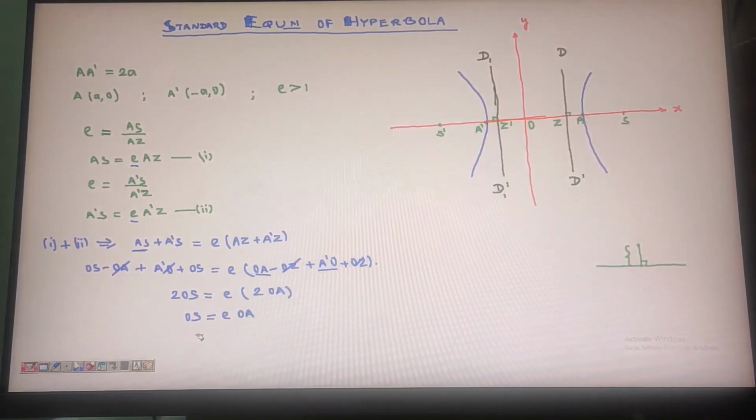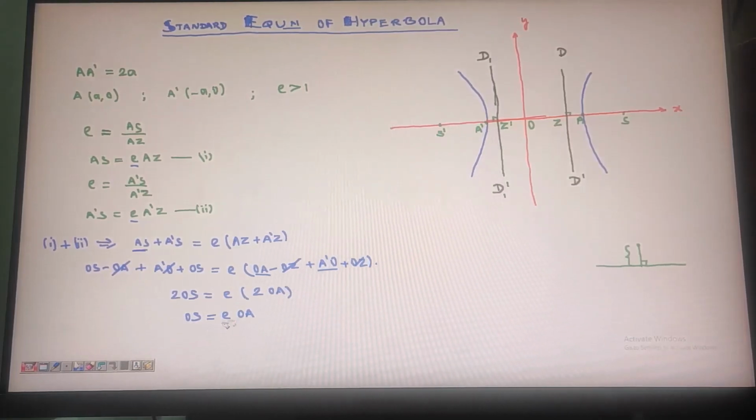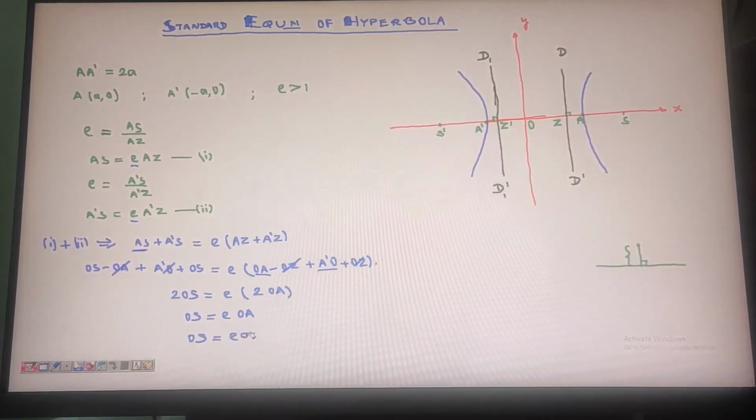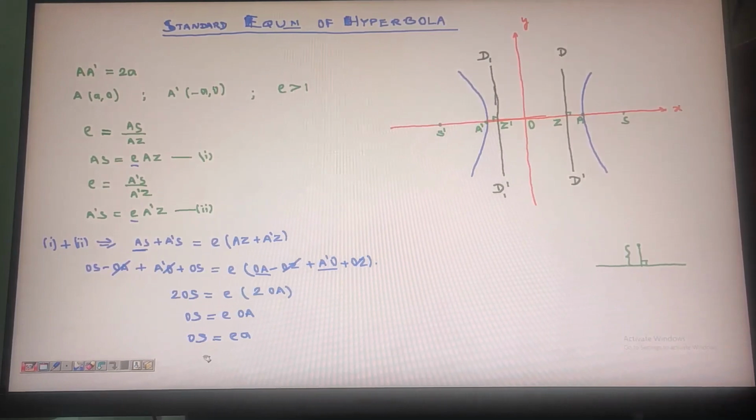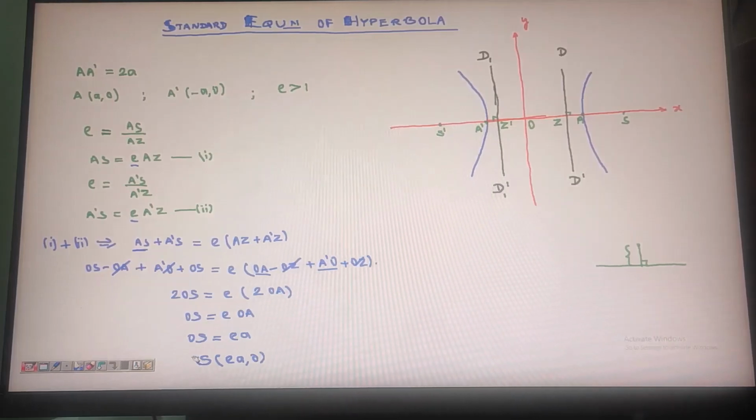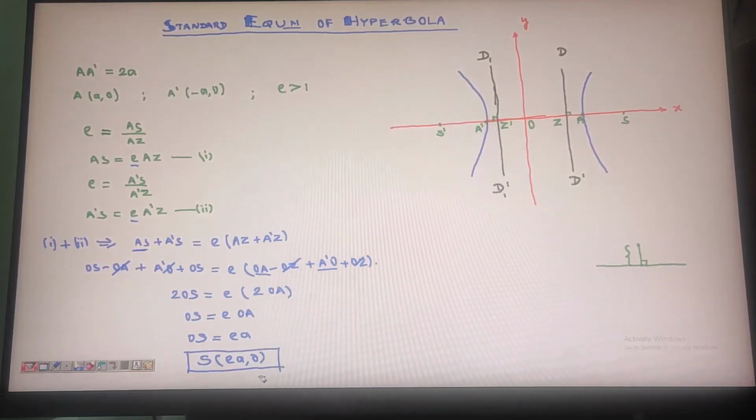So OS is nothing but the coordinate of S. OS is the x coordinate of S, right? So OS is equal to e times a. So we came to know about the coordinate of S. Because it lies on the x-axis, we have got the coordinate of S, right?